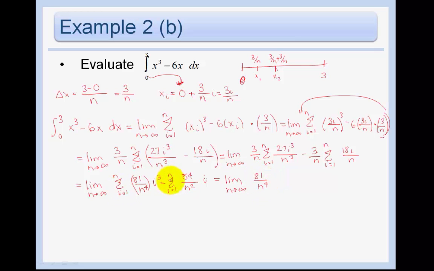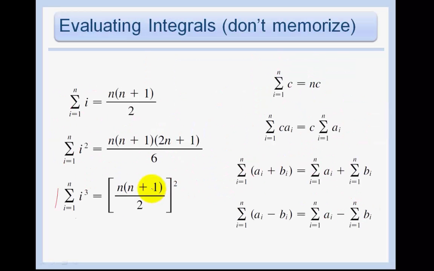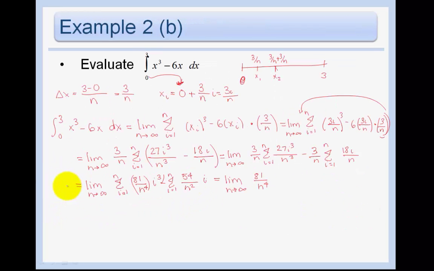And I know that the sum from i equals 1 to n of i cubed, go back, that's just this right here. So I'm going to just use that. Then I have, let's see, 3 times 18 is 54.